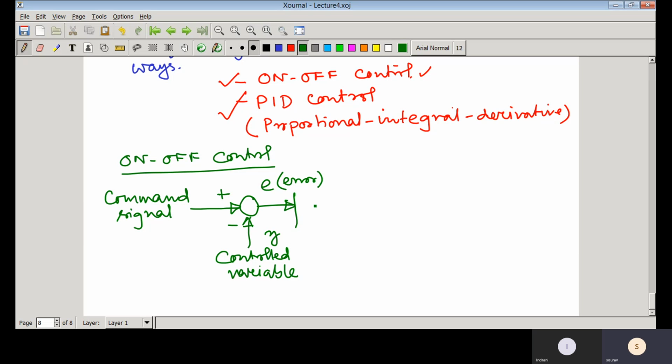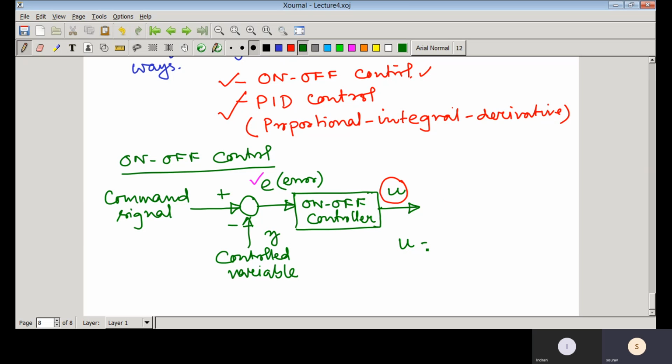Now we have the controller, which is an on-off controller. Depending on this error signal, the on-off controller generates some control input U, which is the corrective action fed to the plant. So what is the control law?